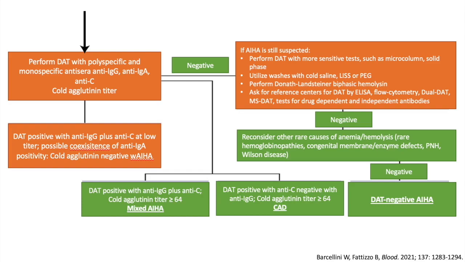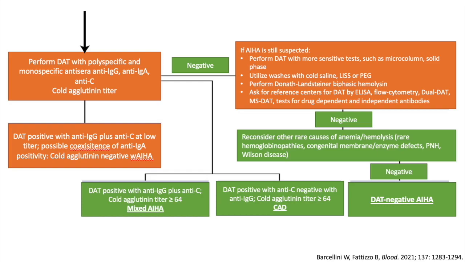In addition, we can perform the indirect antiglobulin test, which is called the indirect Coombs test. This test doesn't evaluate the patient's erythrocytes, but evaluates patient serum against donors' erythrocytes to assess whether in patient serum we have circulating autoantibodies or alloantibodies.